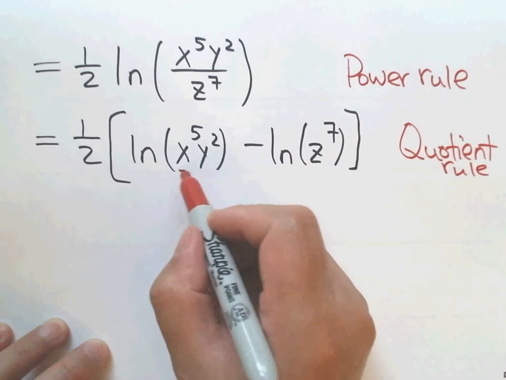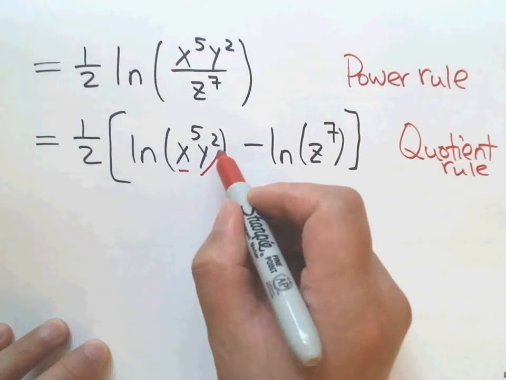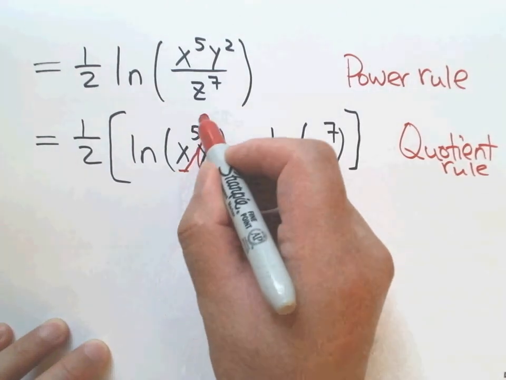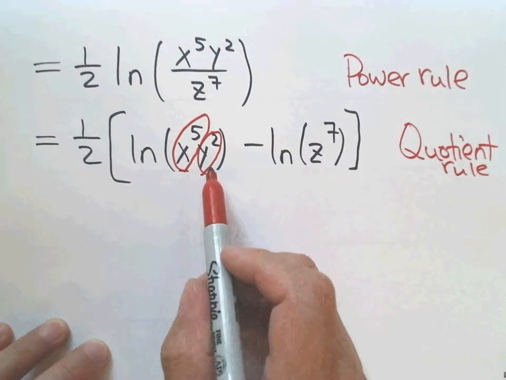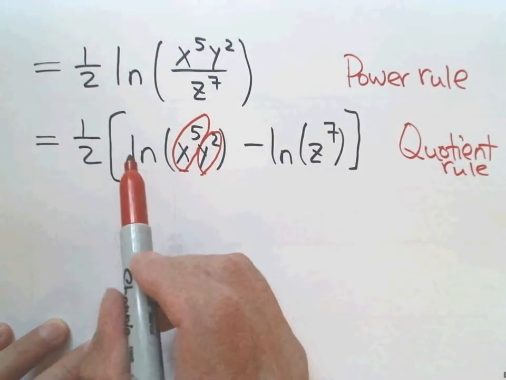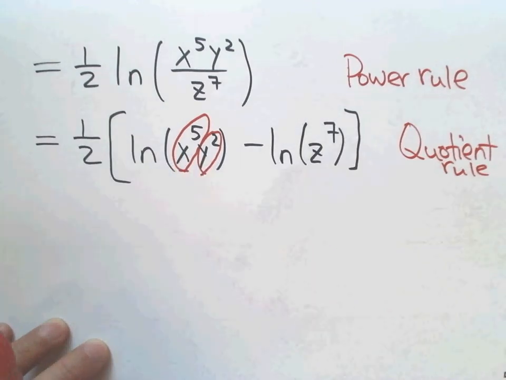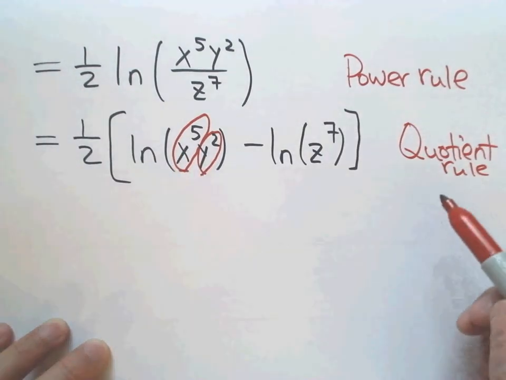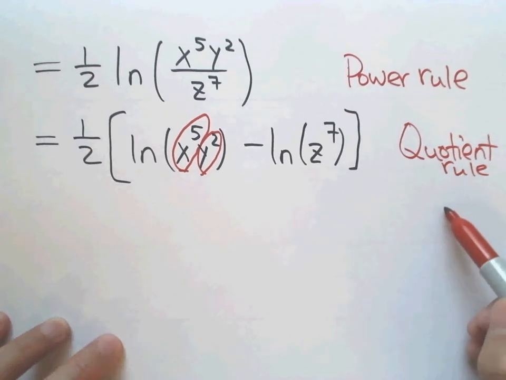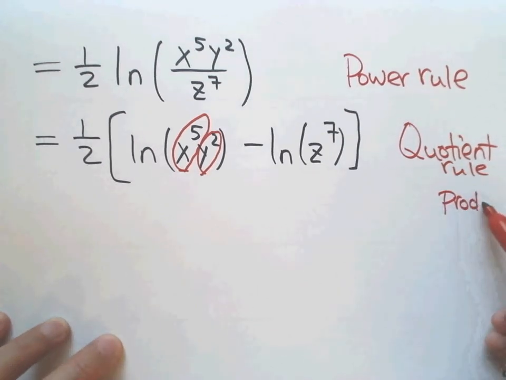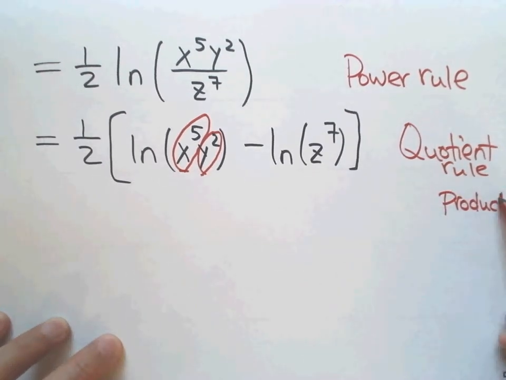So we deal with this, and this is one part, another part. We simply say this is a part, this is another part, this is a product, right? Take ln of a product, we change it to addition. That's the product rule. So now I'll put it here first.